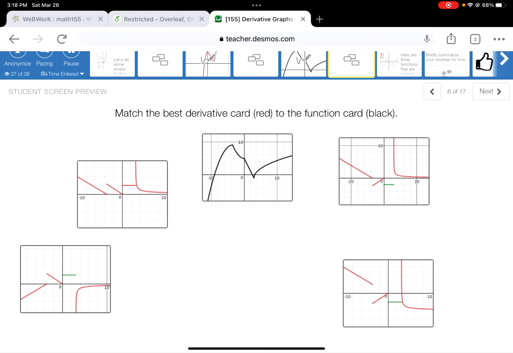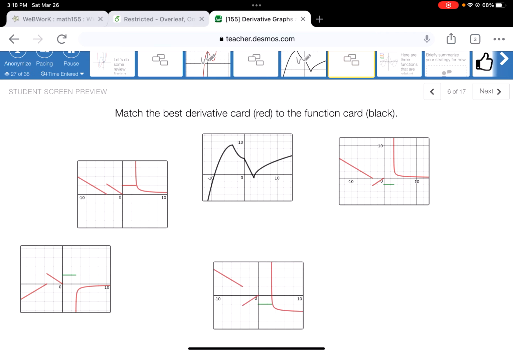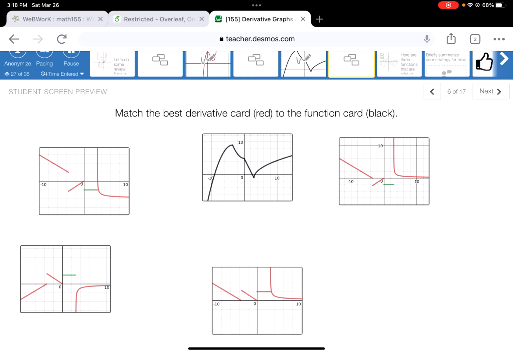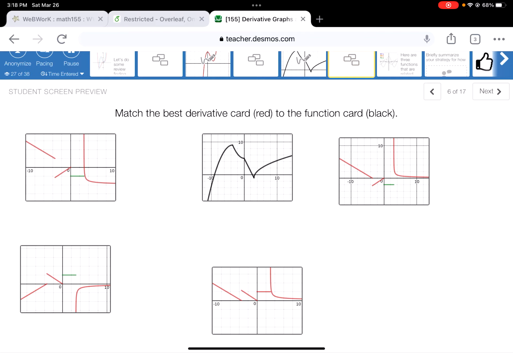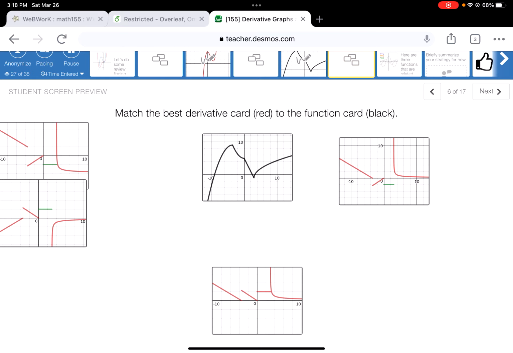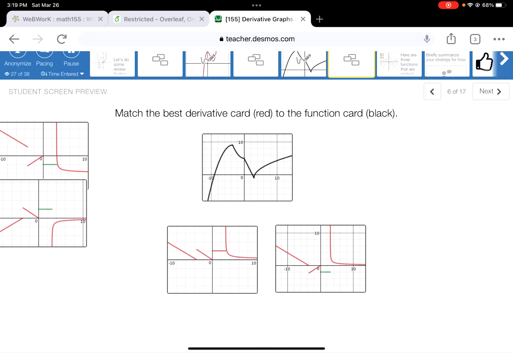So I need a red curve that begins with positives and sort of goes down to 0. So this is out because it sort of stopped too high, if I'm looking at this initial red line on the left of this. And this one's out because it begins saying your slope is negative. That's why the y values are negative down here, so that's out. So now it's down to these two.